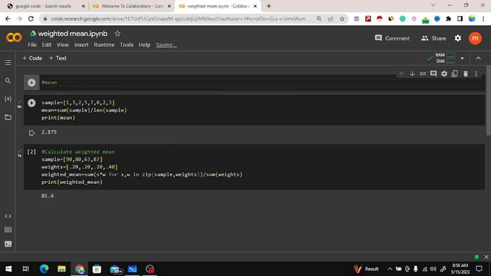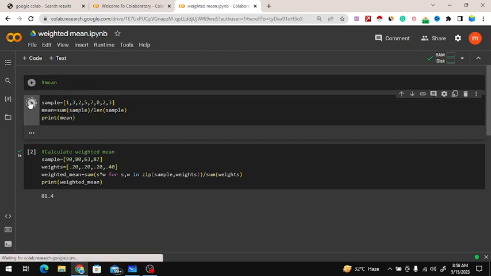I have created 1, 3, 2, 5, 7, 0, 2, 3, and we are going to find the mean. So the sum of the sample divided by the length of the sample. Let's run it, and I have gotten 2.875. It's the mean.